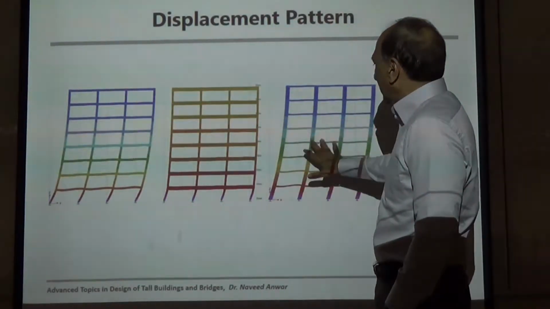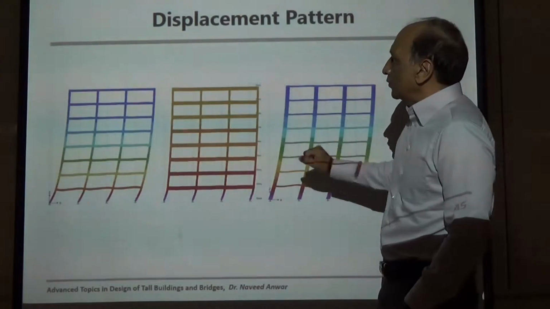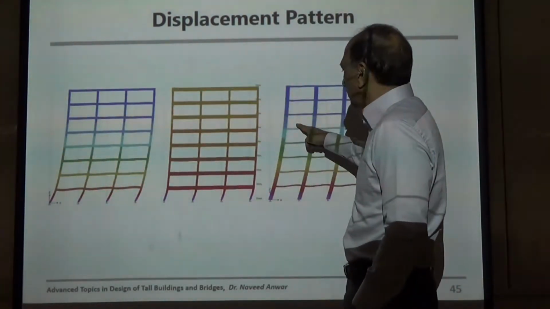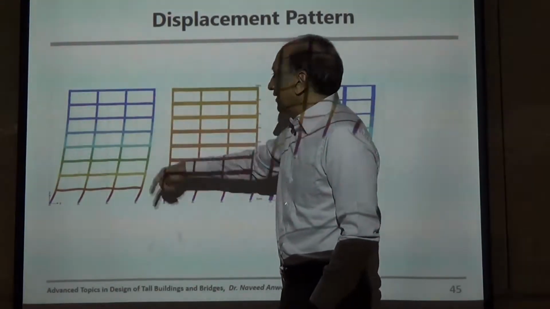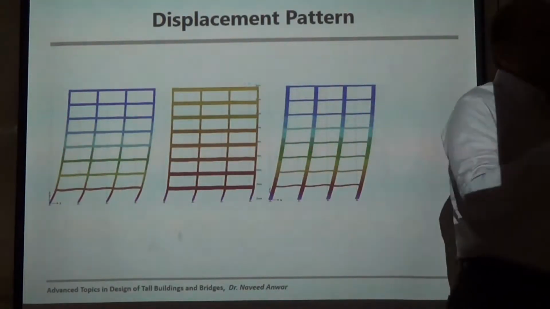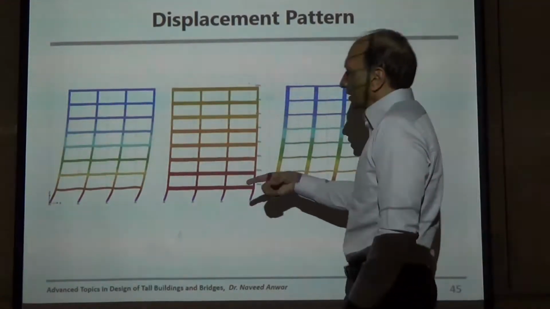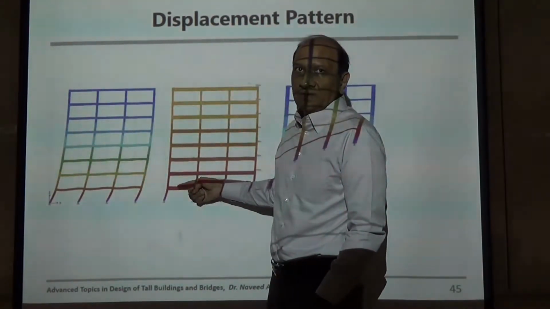Now you can see that for these three cases, for the same loading, this one seems to have slightly less deflection, this one more deflection, and this one slightly the medium. So lateral displacements can be controlled either by beam size increase or column size increase. But this is something that we normally do not want in a building.